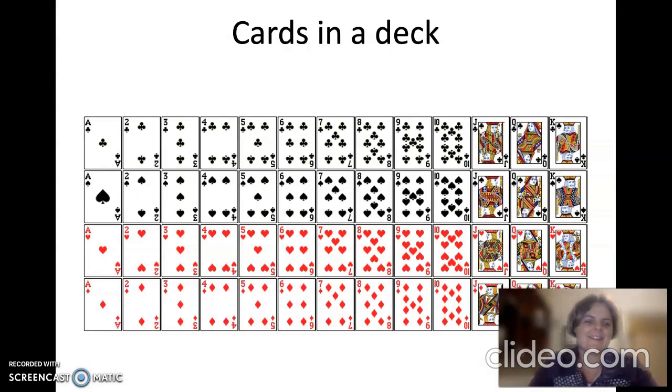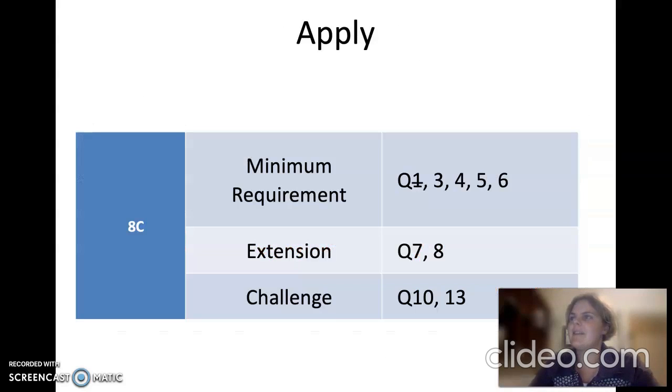So you can use this as a reference if you need to know what is in a deck of cards. And then here are the questions you're going to do in class. We're going to skip question 1 today, and then you're going to complete something from the progress quiz on paper.